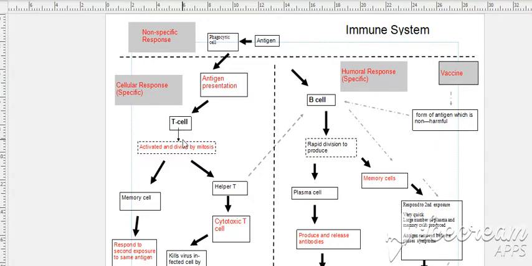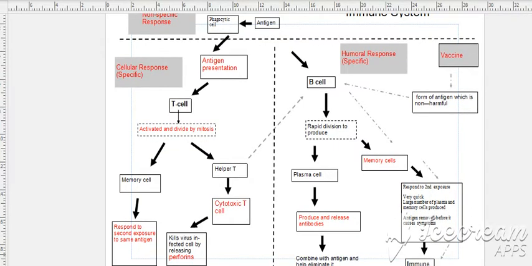Those T cells could then become memory cells in case you are exposed again, or they could become helper T cells. Those helper T cells could become cytotoxic T cells, which then go and kill the virus-infected cells of your own body by releasing the perforins. So the cellular response is all to do with killing the actual infected cells in your body.